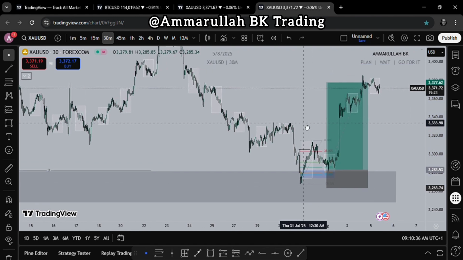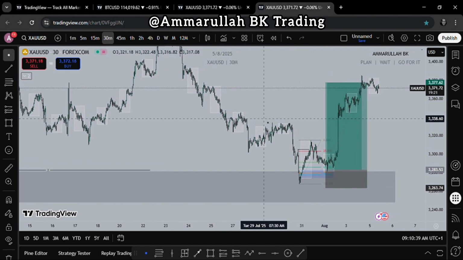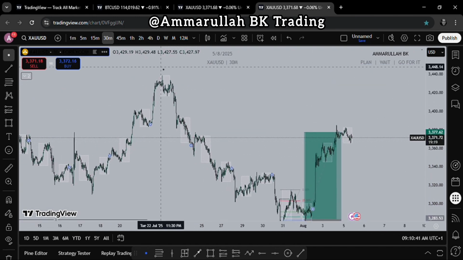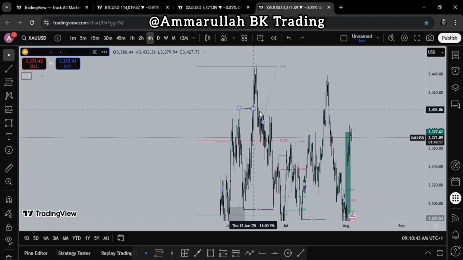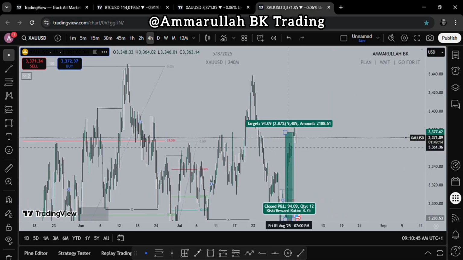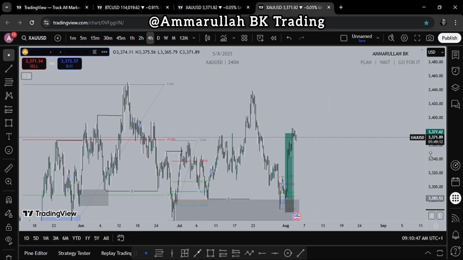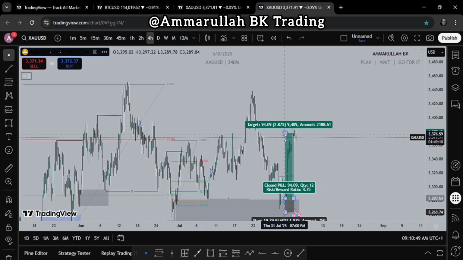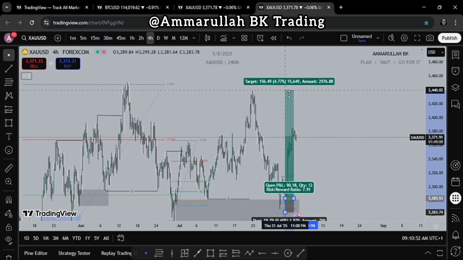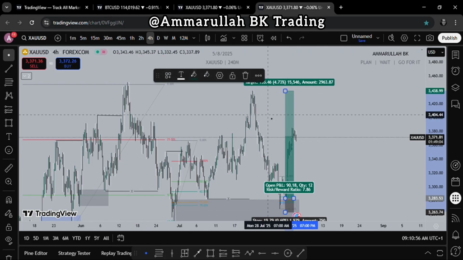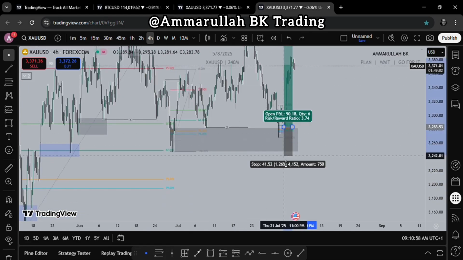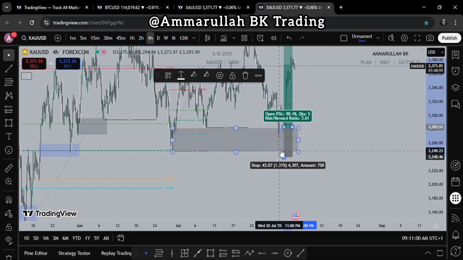Only 3 take profits. If somebody is willing to hold a trade for a long period of time, then he will go back to the bigger picture, the bigger time frame, and drag the take profits, the targets, to this particular high, and the stop loss should be below this level of order block, right?